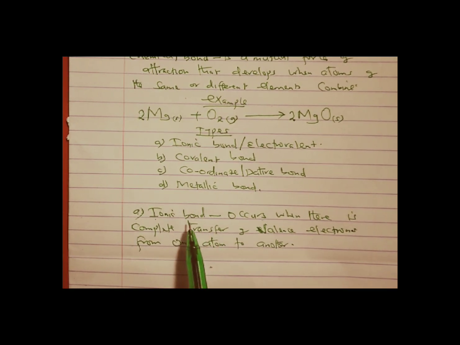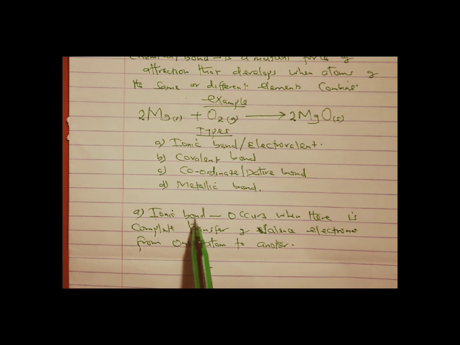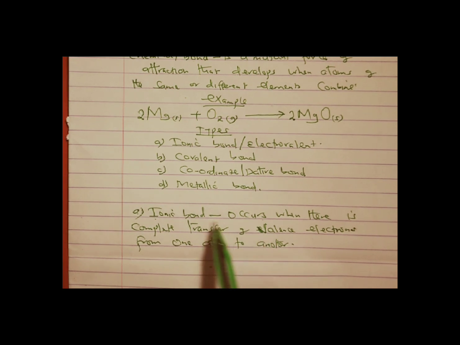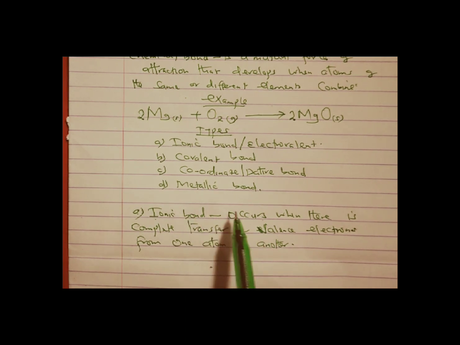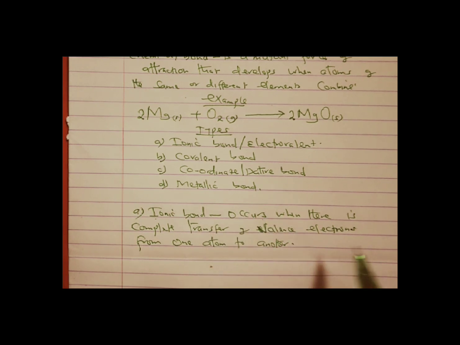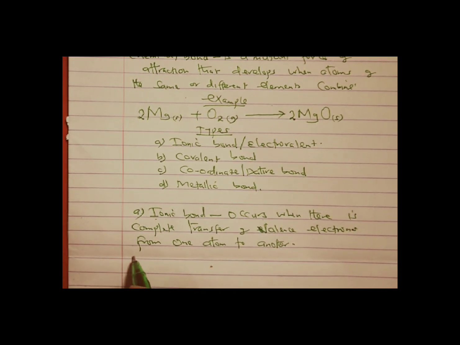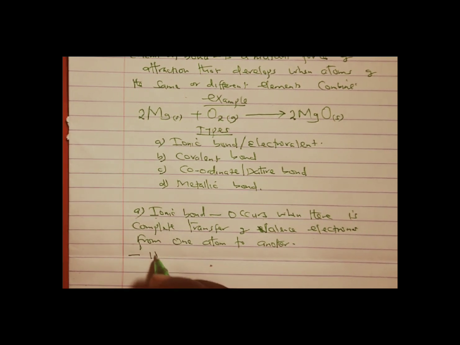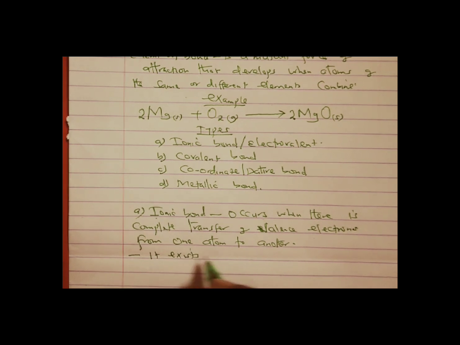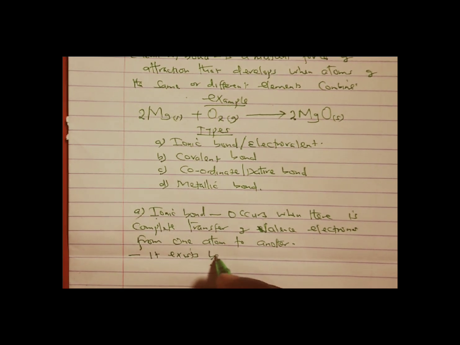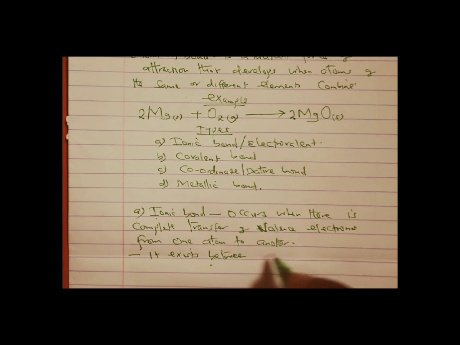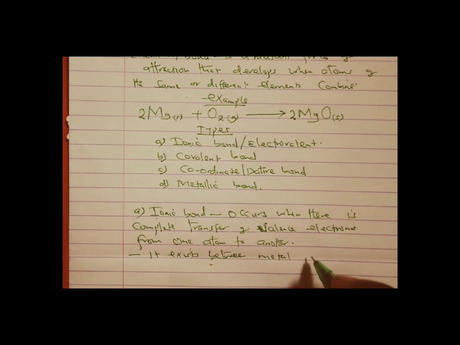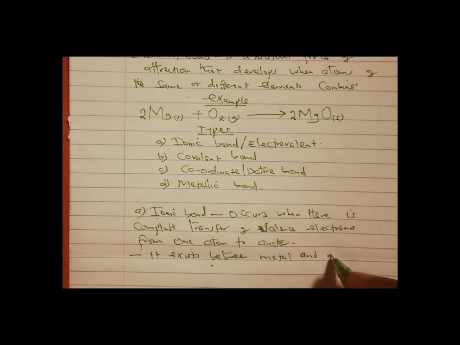Remember, when metals react, they react by losing electrons, and non-metals react by gaining, and therefore when metals lose, we say they are transferring their electrons to non-metals, and therefore we can say this ionic bond simply exists between metals and non-metals.